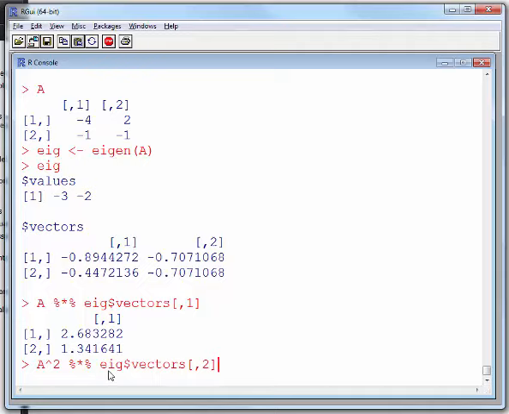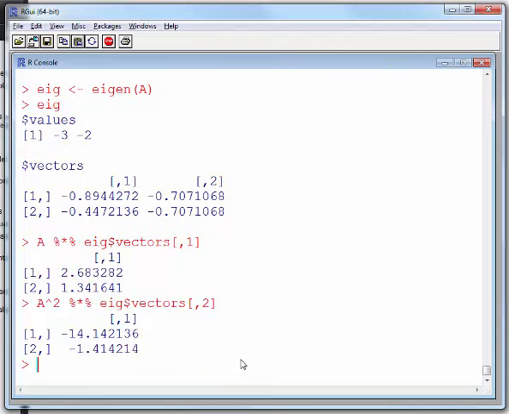I'm taking this second eigenvector and multiplying it twice by the matrix A, which should be essentially like multiplying this vector by -2 two times. So if I do that, well, that's not correct at all.